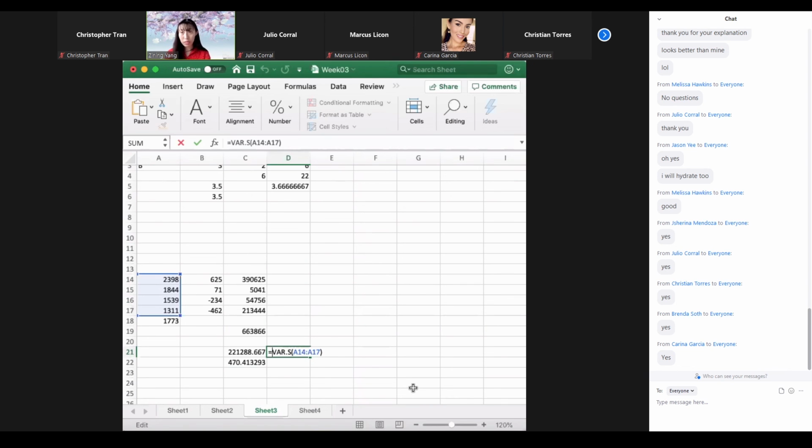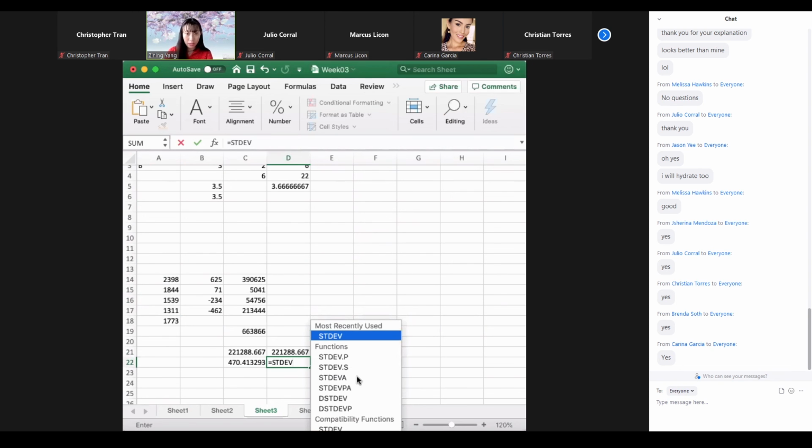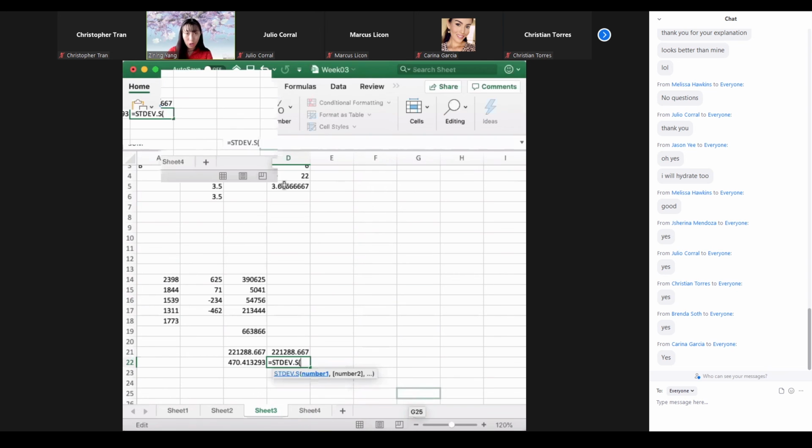And similarly, there is a formula to calculate the standard deviation. So type equals STDEV dot S. So this is the formula for standard deviation for the sample. So STDEV means standard deviation.